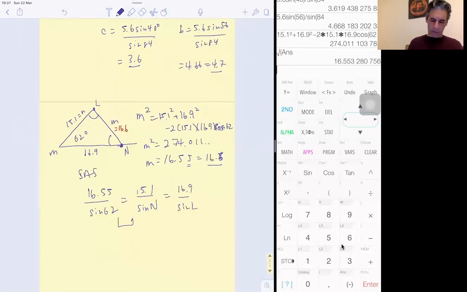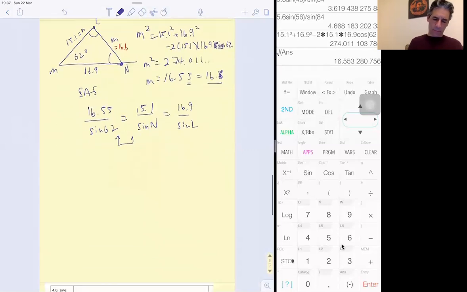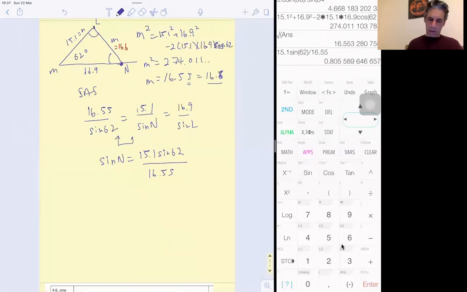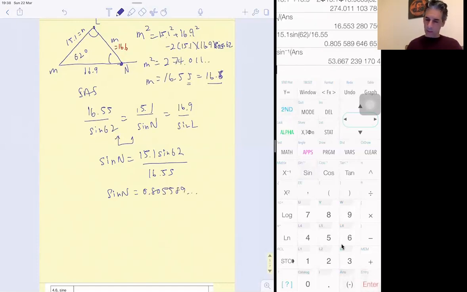So if we work on these two, we can get N. So sine N will be 15.1 sine 62 divided by 16.55. And that there is the sine of angle N. So to figure out N, we can just do the inverse sine of that.